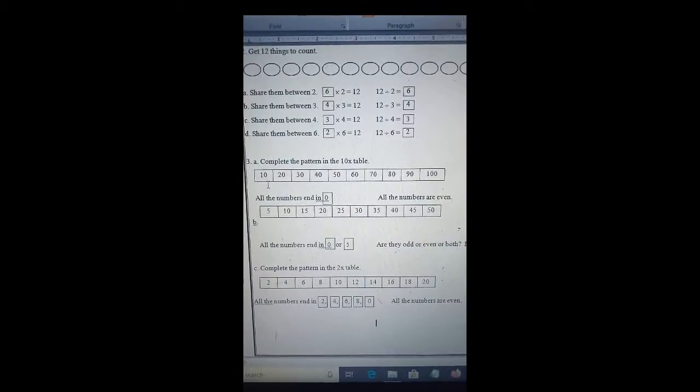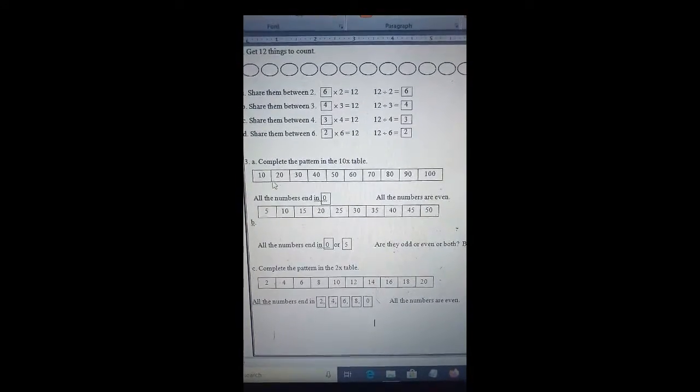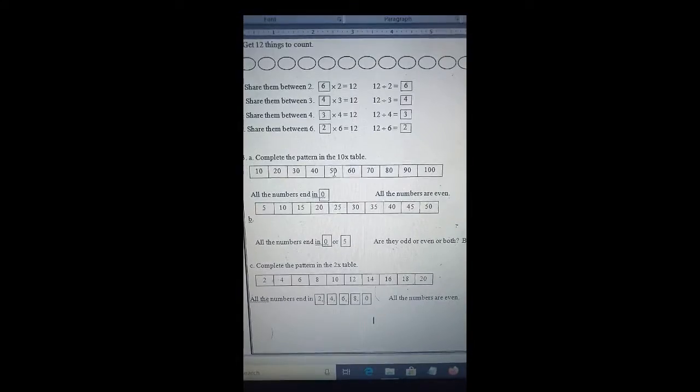Now look here: 10 ones are 10, 10 twos are 20, 10 threes are 30, 10 fours are 40, 10 fives are 50, 10 sixes are 60, 10 sevens are 70, 10 eights are 80, 10 nines are 90, and 10 tens are 100.